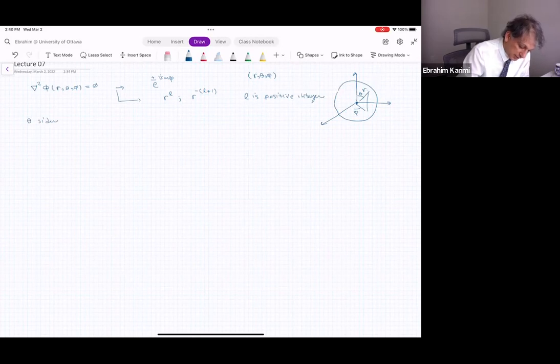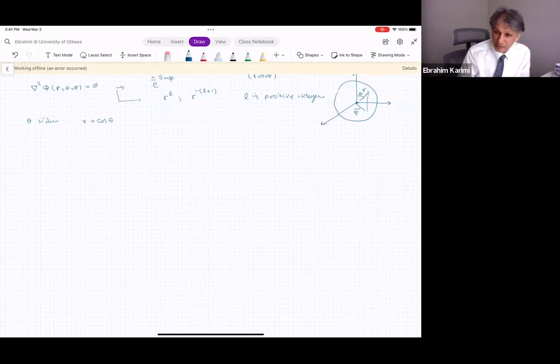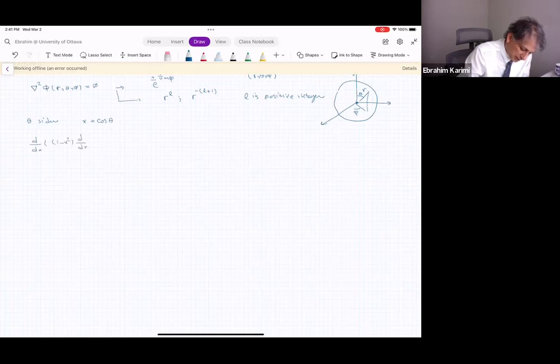We do the change of variables, and we got x equal to cosine of theta. And then by this change of variables, which we did last time, we got into the following equation, which I think was d dx of 1 minus x squared d dx of, I think we chose the function to be capital Theta, if I remember well.